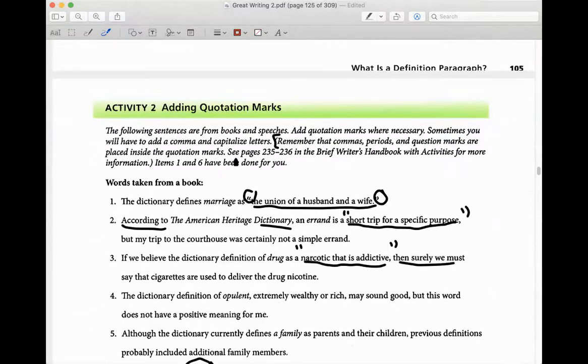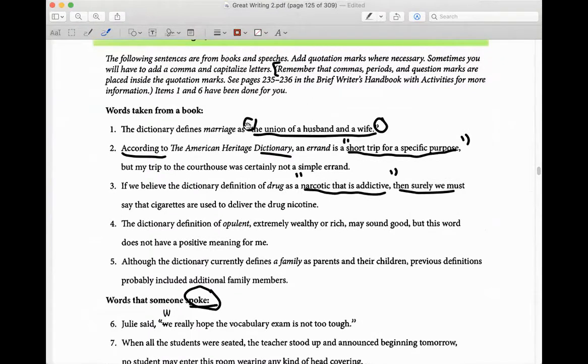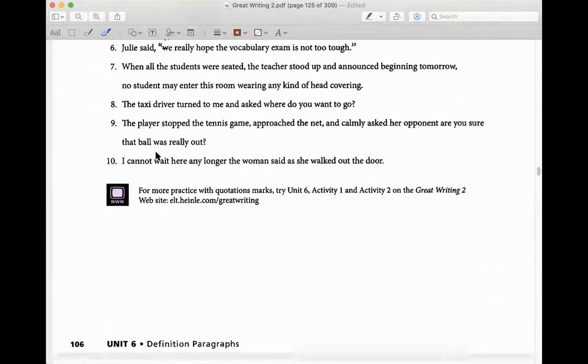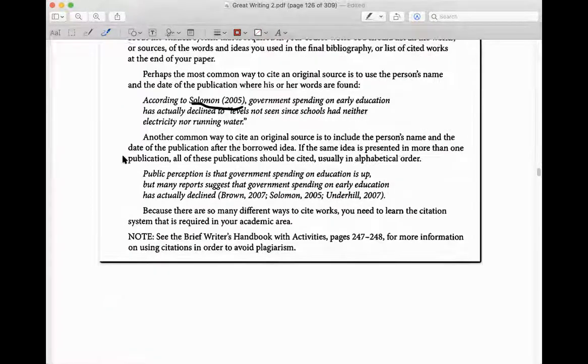We might need to borrow something from the dictionary. In that case, we got to give credit to the dictionary by using quotation marks. So you need to review that, how to use those properly in a sentence.